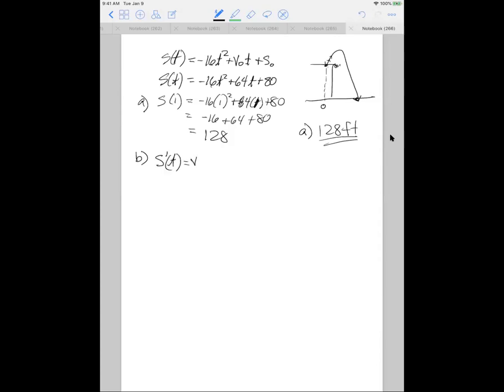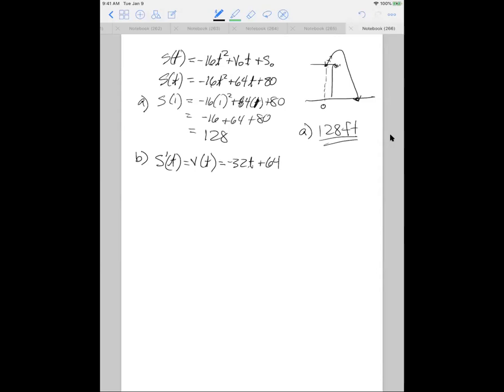That is going to actually be the velocity function. And if you look at the position function, we got negative 16t squared, bring the 2 down front, multiply it by the negative 16, you've got negative 32, subtract 1 from the 2, and you've got t to the 1. And then the derivative of 64t is 64. The derivative of 80 is 0.